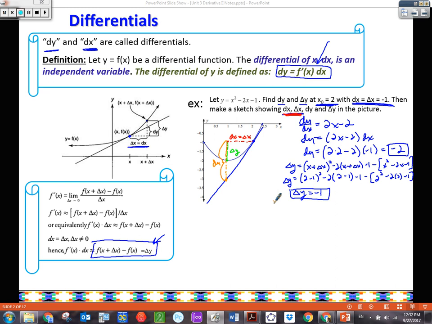And it should be negative 2. That means it should be down 2 spaces from the original location. And it is approximately. My graph isn't perfect, but it's close. So it's close to being down 2. And that's what they're talking about when they're saying make a sketch showing dx, delta x, dy, and delta y. That's the kind of sketch I'm looking for.